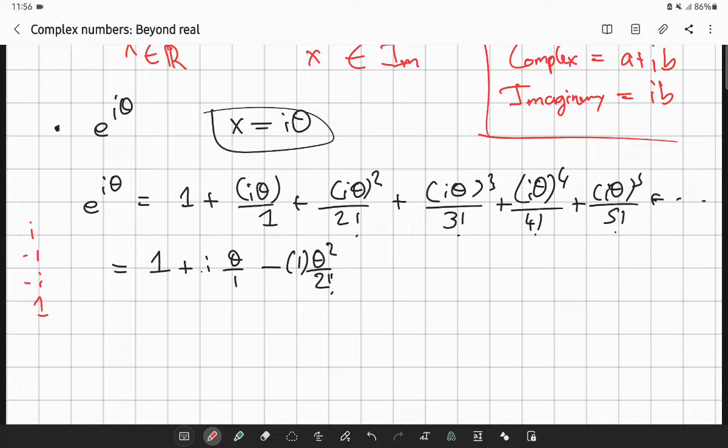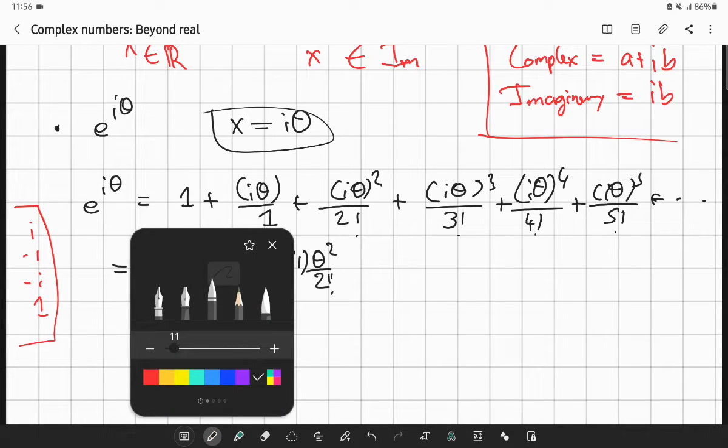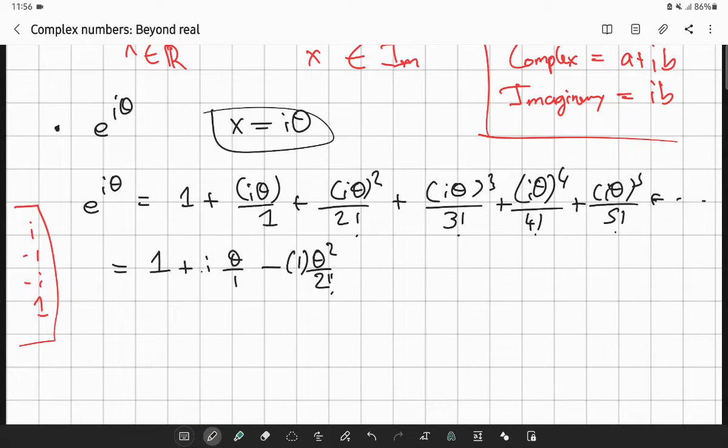This is the pattern that is repeating. So let's continue with the pattern. I have i, minus 1, the next one is minus i theta cubed over 3 factorial. And after minus i, I have 1 again, theta raised to 4 over 4 factorial. And after 1, I start here again. I have i, so I have plus i theta raised to 5 over 5 factorial, and so on.